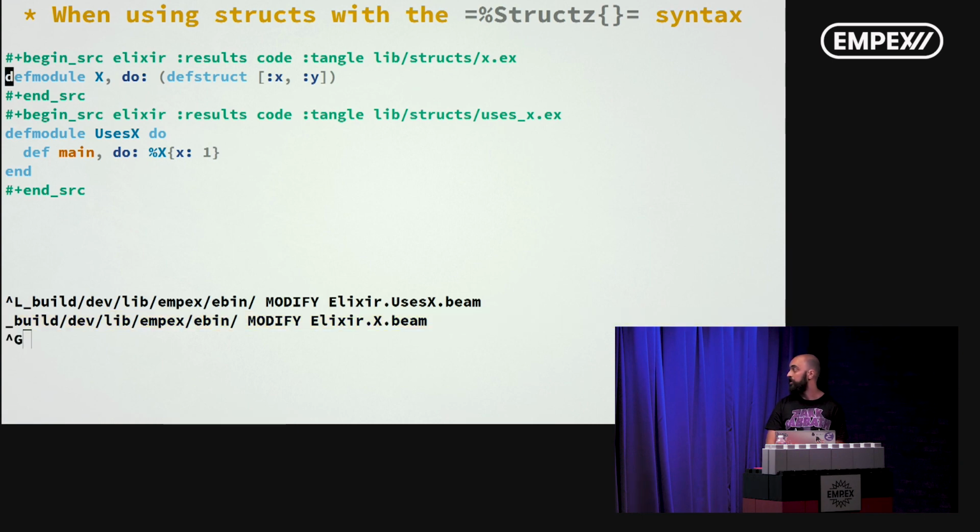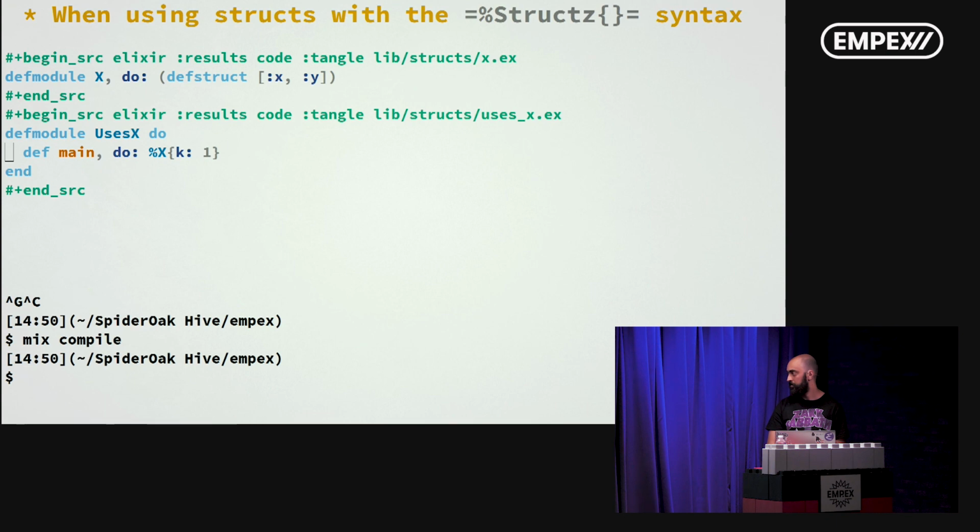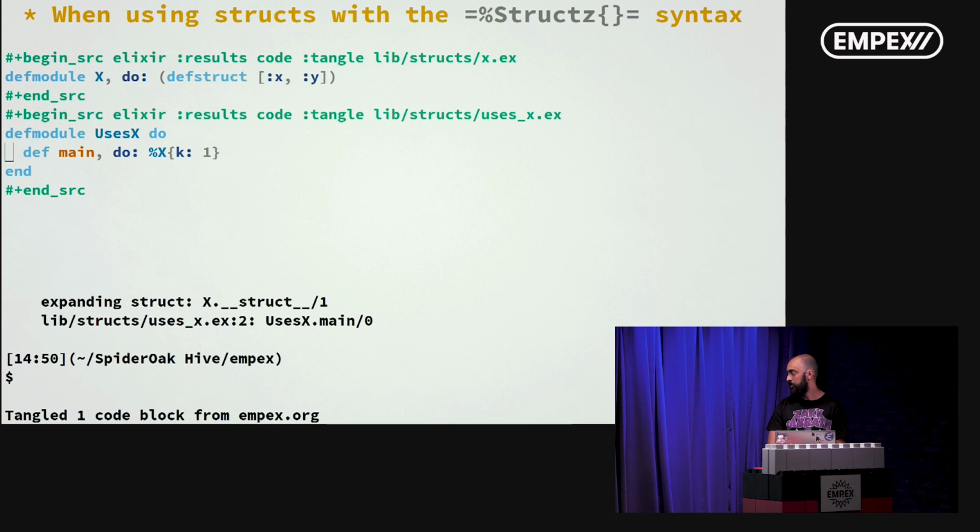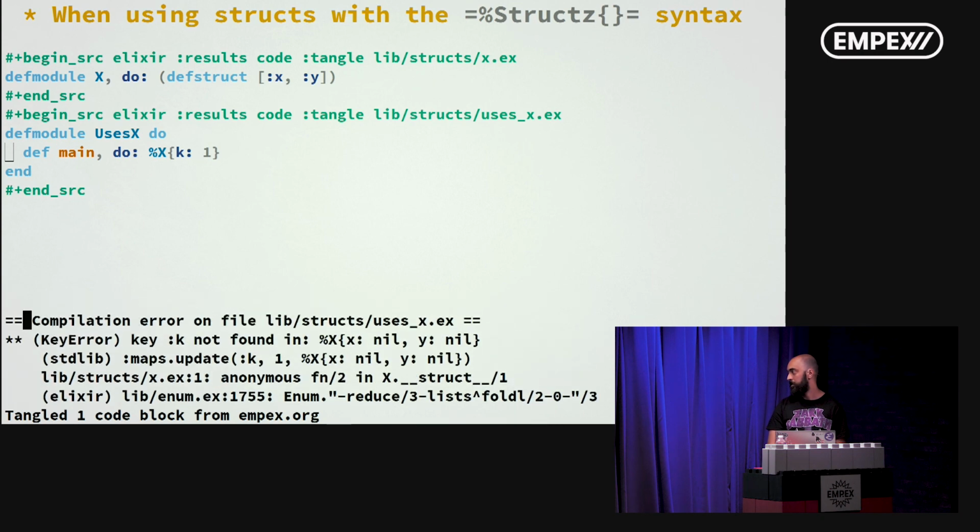And why is that? When we write a struct with this syntax, the compiler checks that we are not using a key that doesn't exist. So if we try to compile this, oops, I forgot to export it again. We'll see that it doesn't compile. If the definition of the fields change, we need to recompile everything to check that everything is okay.